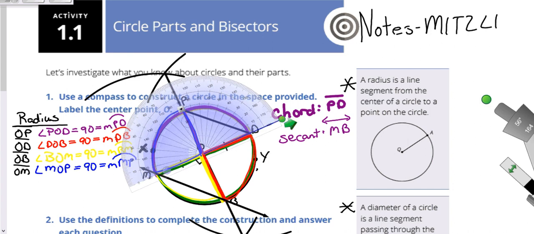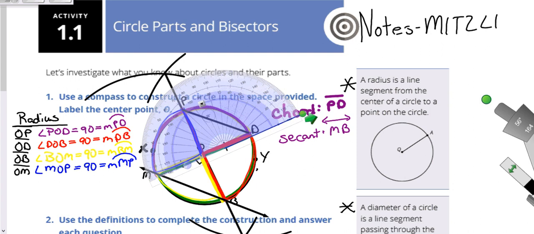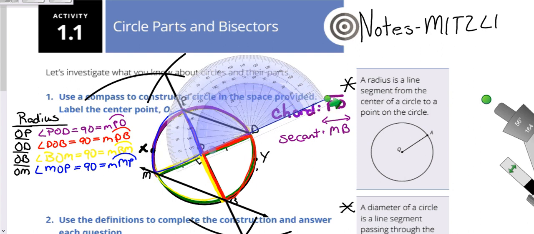Now I want to measure. Oh, that's a 90-degree angle. I don't want to measure that. I want to measure this angle right here. Okay, my protractor is not working for me right now.